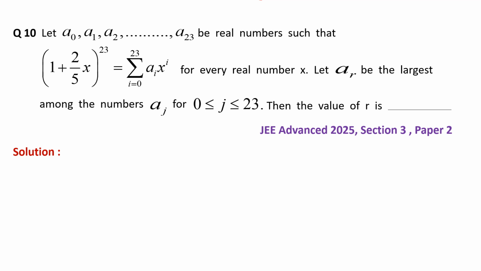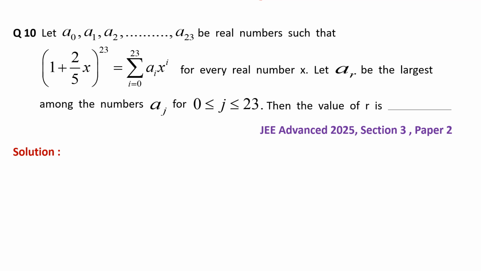It says let a0, a1, a2 and so on till a23 be real numbers such that (1 plus 2x upon 5) whole power 23 equals summation ai into x to the power i, where i is varying from 0 to 23, for every real number x. Let ar be the largest among the numbers aj for j greater than or equal to 0 and less than or equal to 23. Then the value of r is.